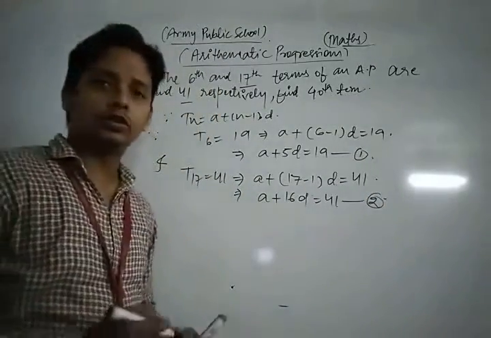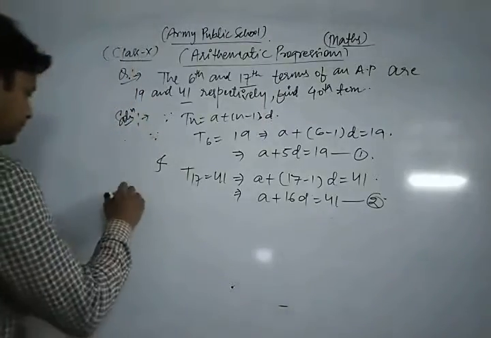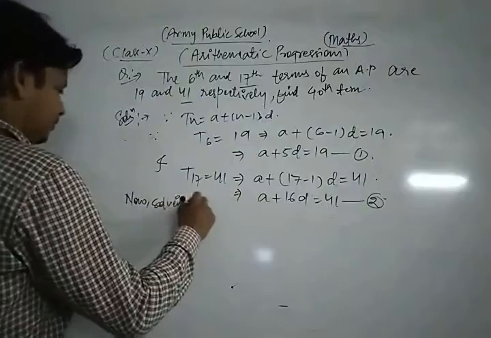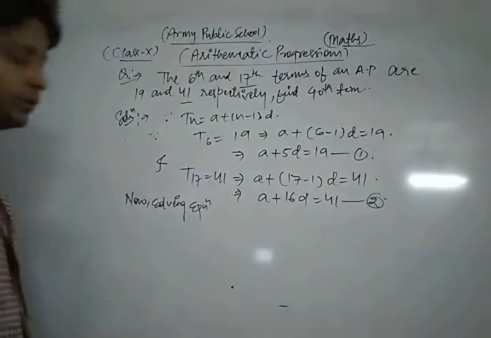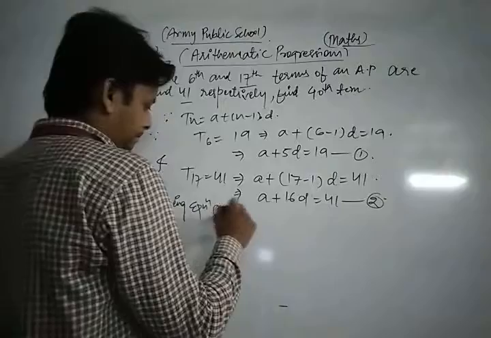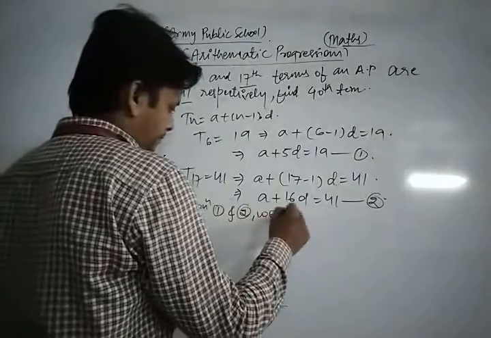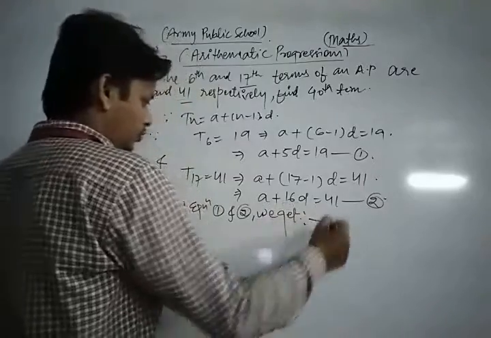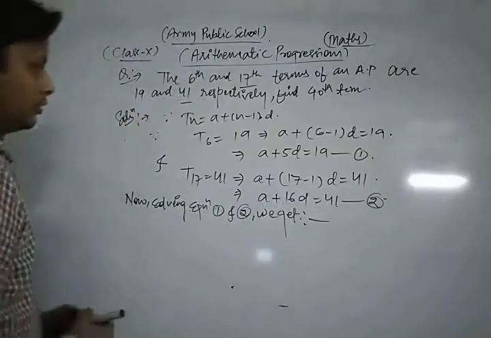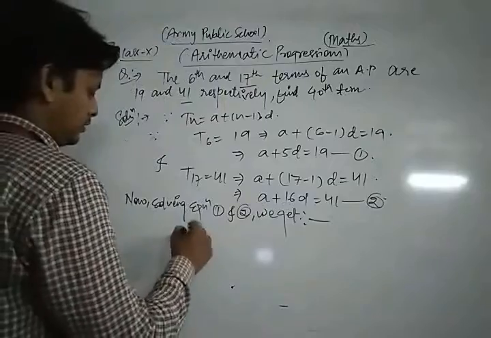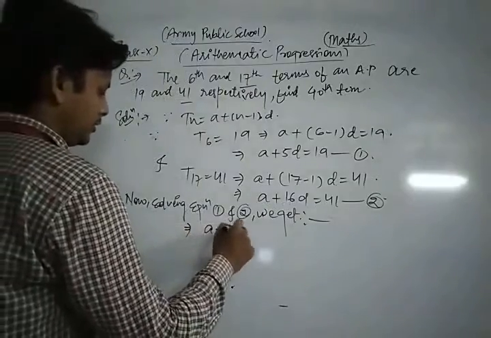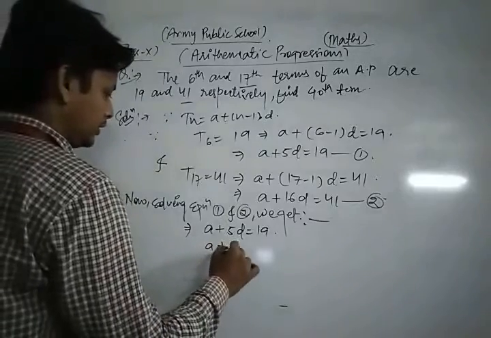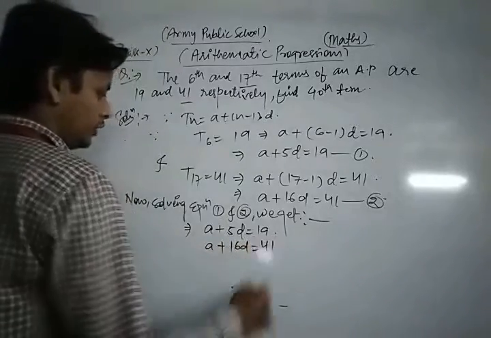We take this as equation number 2. So now we solve equations 1 and 2. First is A plus 5D is equal to 19, and this is A plus 16D is equal to 41.